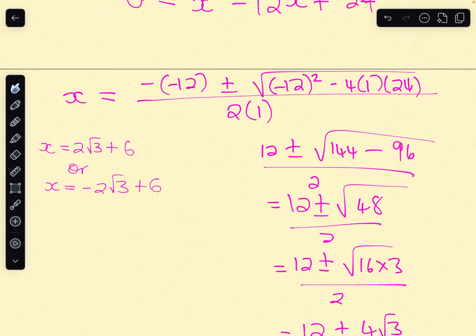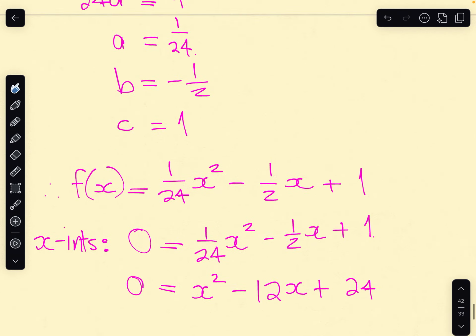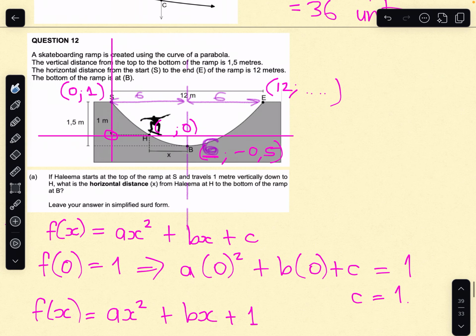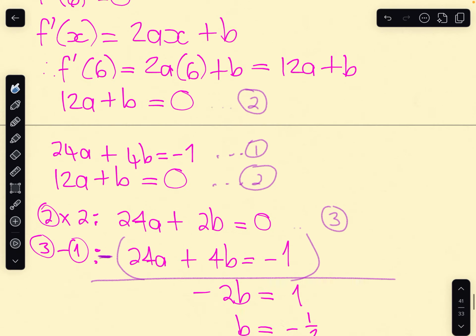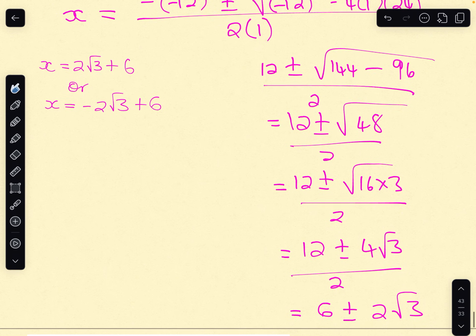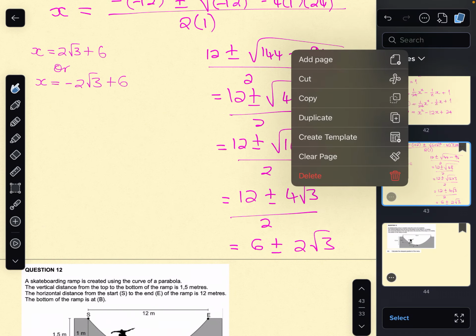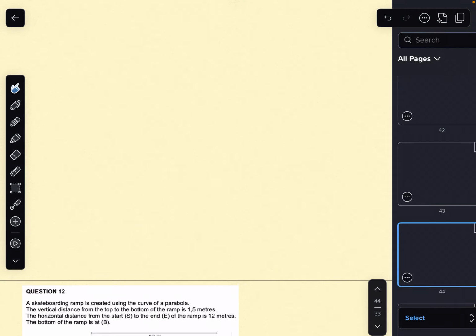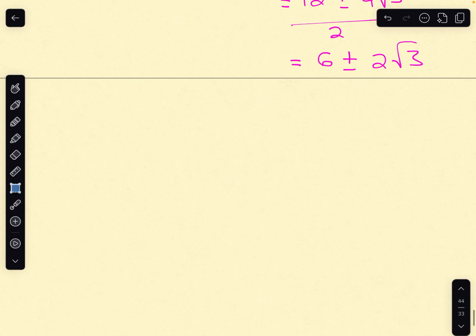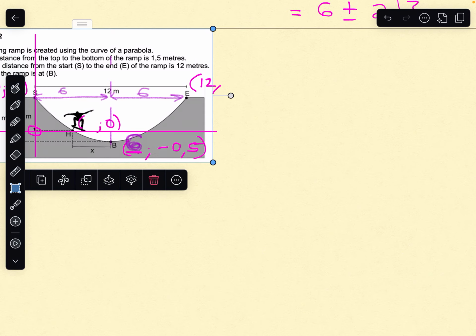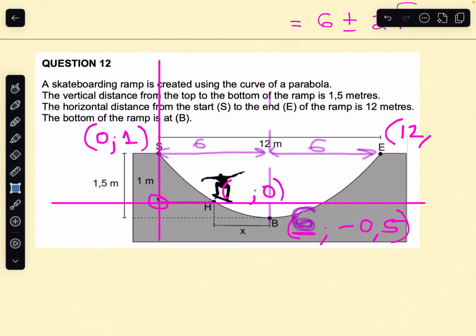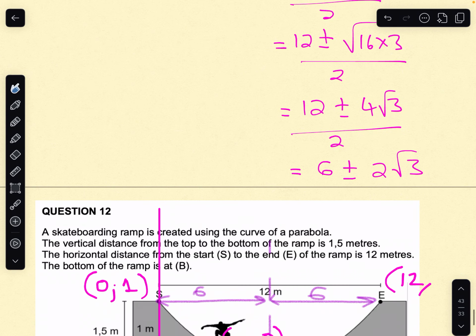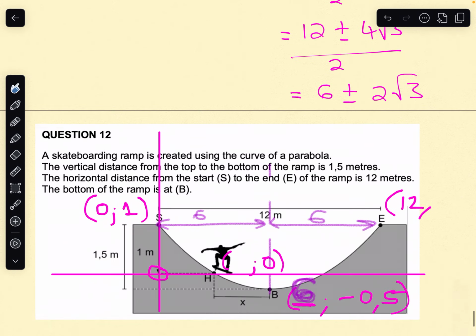Anyway, so we now know the x-intercepts, so let's just get this diagram. Right, so we now know that our x-intercepts are given by 6 plus 2 root 3 and 6 minus 2 root 3.